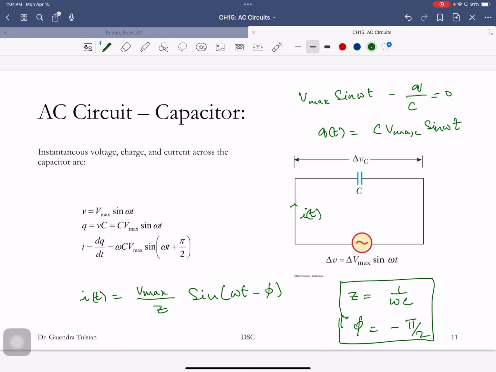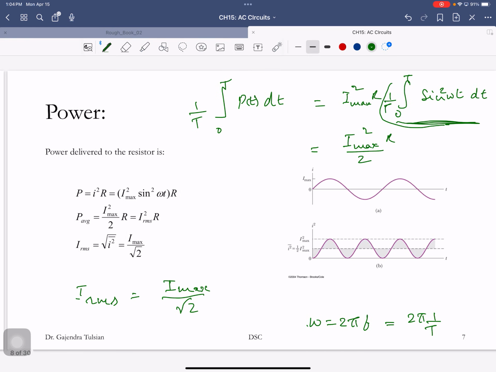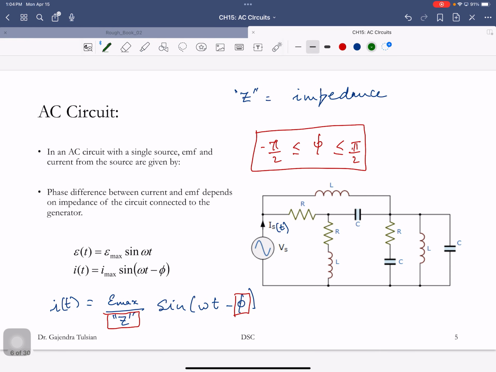All right, so let me review this stuff again. What we are interested in is the following. We're going to connect an AC source to our circuit. What is our load, and what current is being delivered to our load?